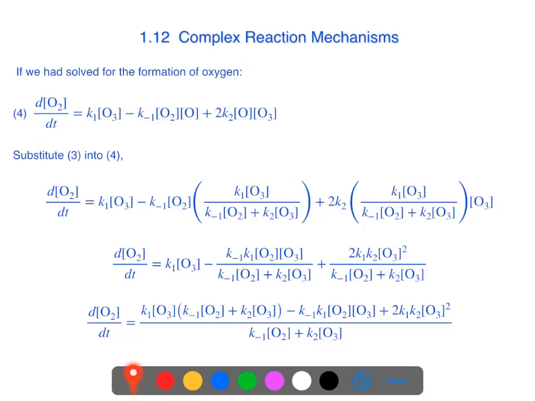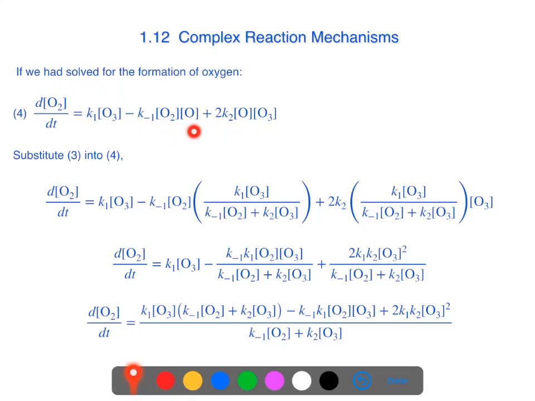And like we did for previous species, we end up with a number of terms where O2 is present in our complex reaction mechanism. So it is formed in the first step, dependent upon the rate constant K1 and the concentration of ozone.